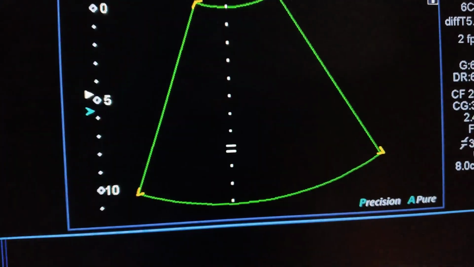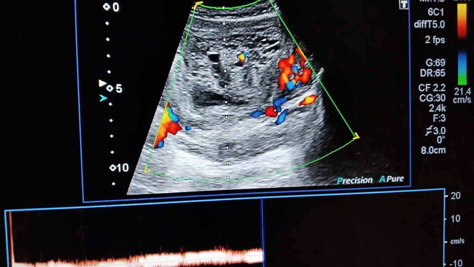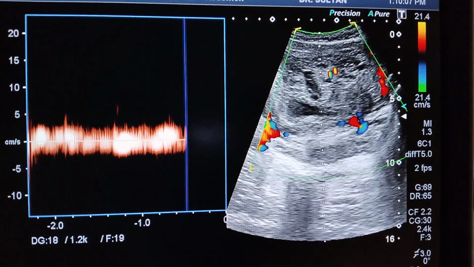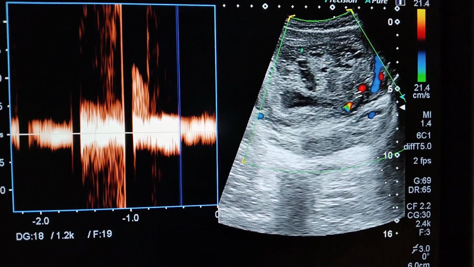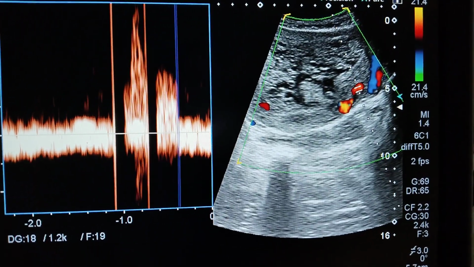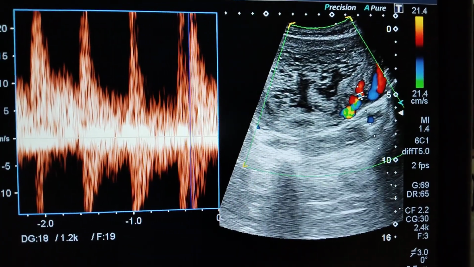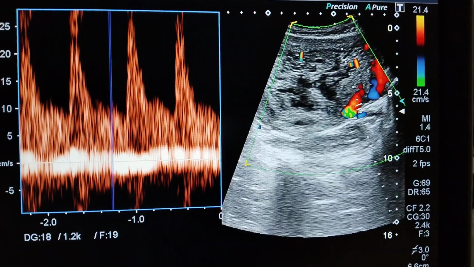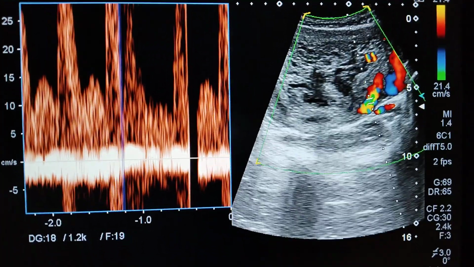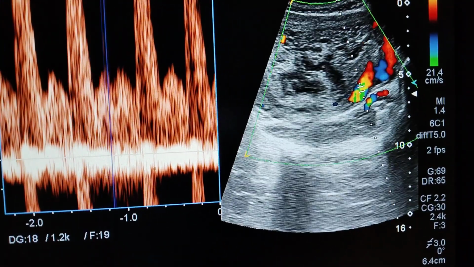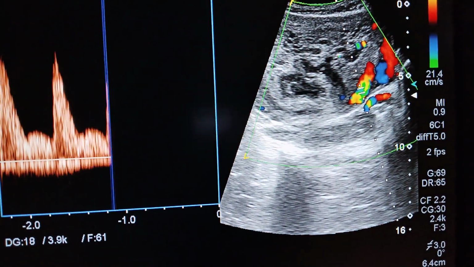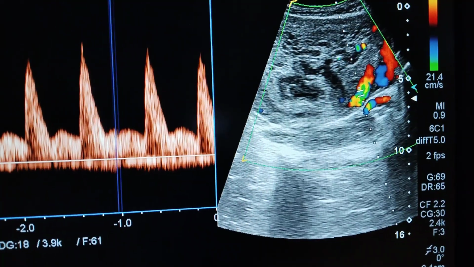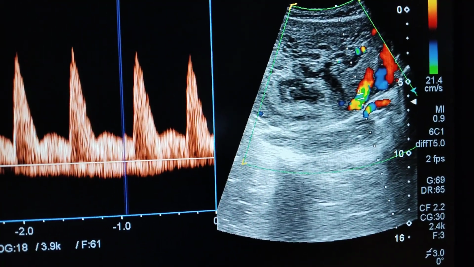And if we see, so this is the flow. However, the velocity is not too high. This is the uterine artery waveform.